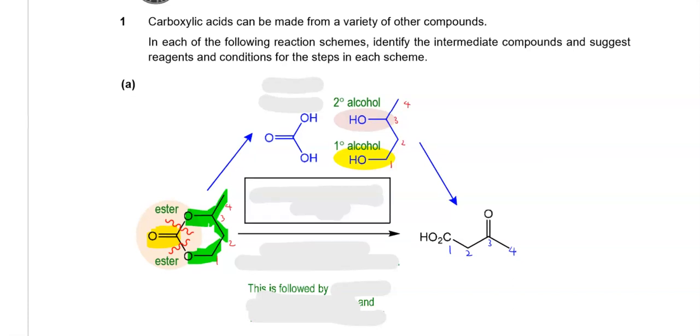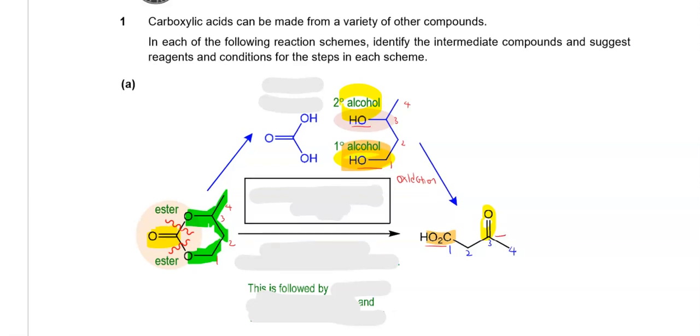And then the secondary alcohol you can see is basically your ketone, and your primary alcohol becomes your carboxylic acid. So think of a condition that can result in the breaking of the ester, at the same time causing an oxidation of your primary alcohol to carboxylic acid, secondary alcohol to a ketone.